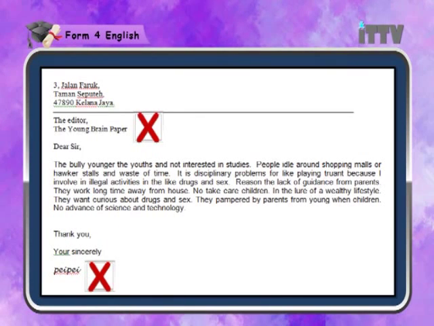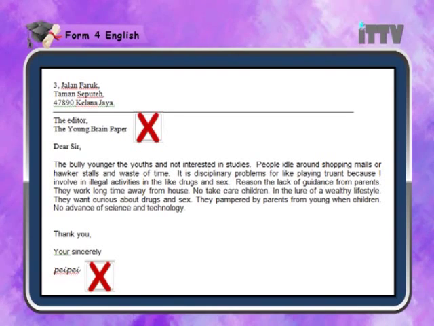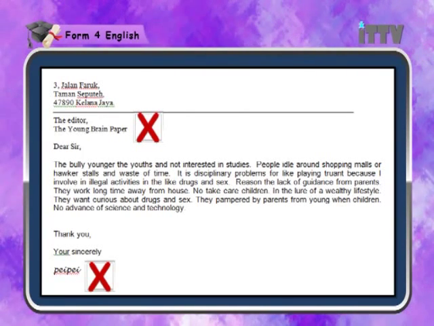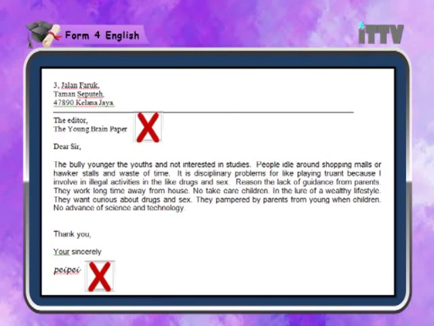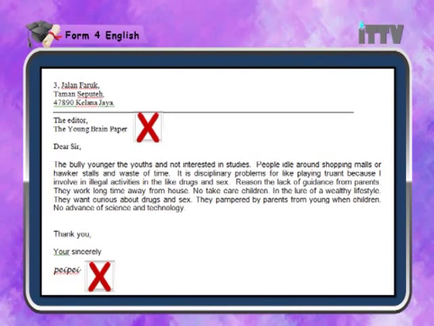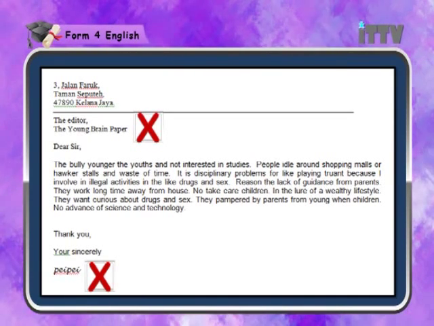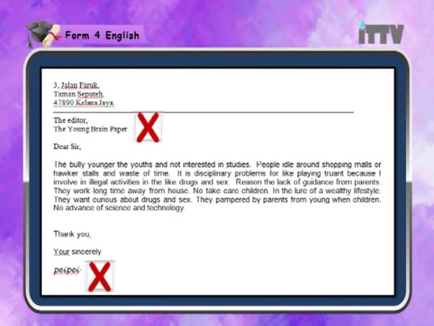After his signature, he did not write his name in capital letters. There were a lot of mistakes, and the format was incorrect. This example of a formal letter would not merit marks. So, it's imperative that you write according to the specified format and understand the questions to fulfill the task given.